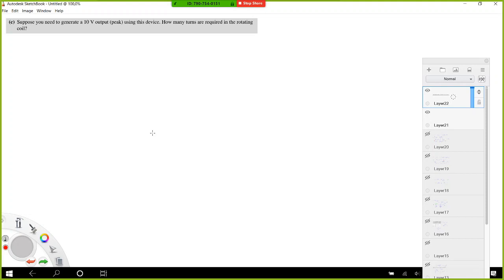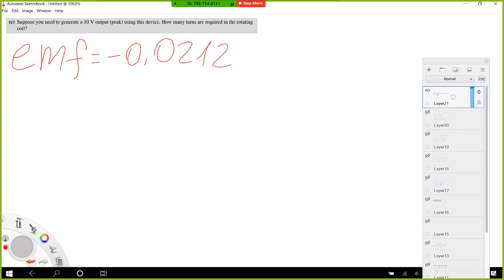So our final electromotive force we found was equal to minus 0.0212 cosine 240πt.